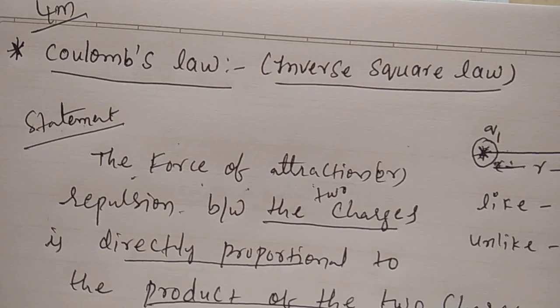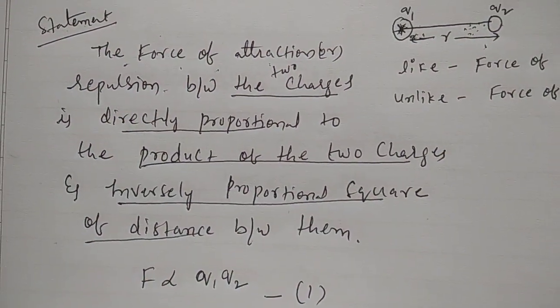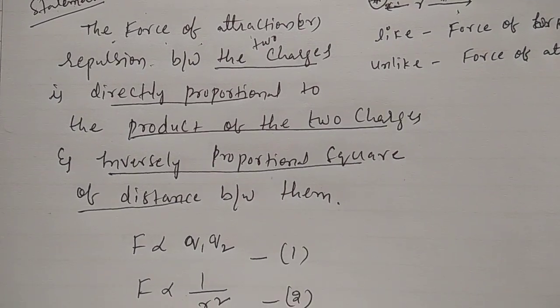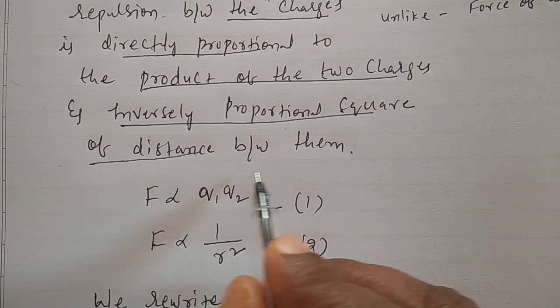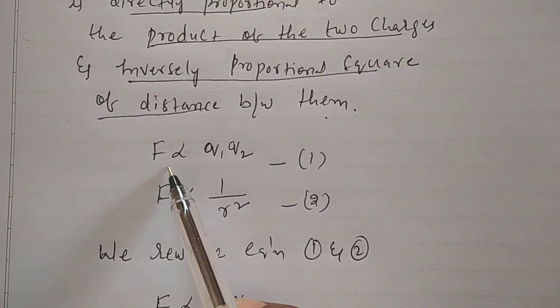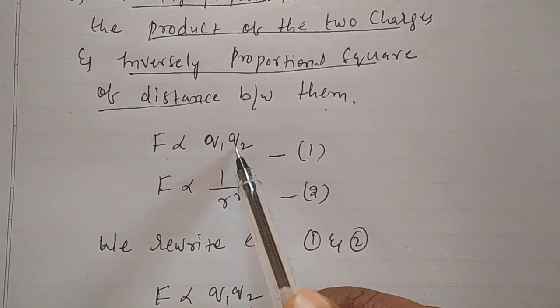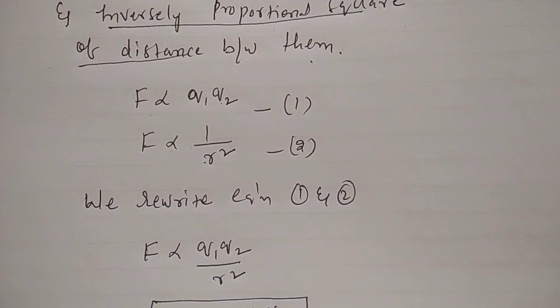Now observe the Coulomb's law statement here. The force of attraction or repulsion between the two charges is directly proportional to the product of the two charges and inversely proportional to the square of the distance between them. Mathematically, F is directly proportional to q1 q2 and inversely proportional to the square of the distance between them.